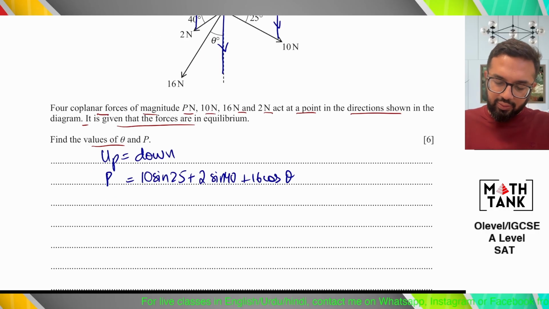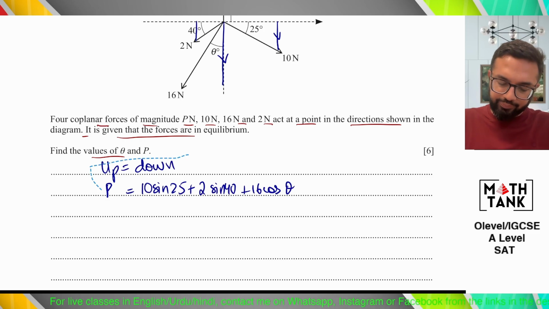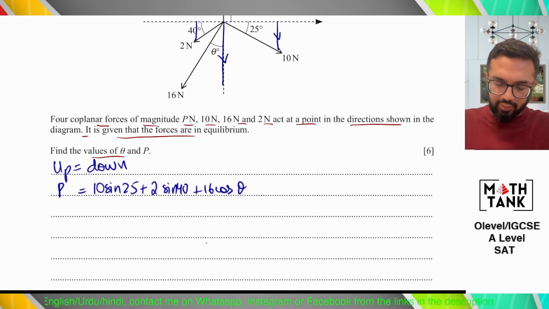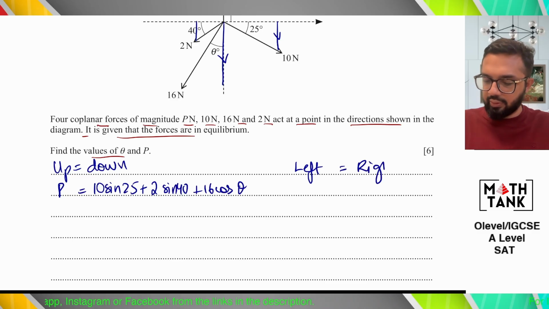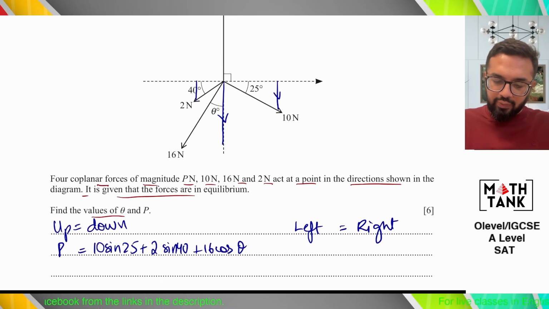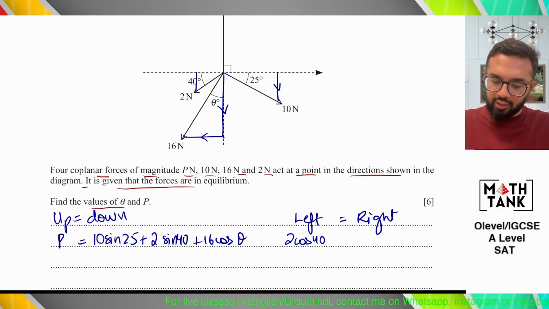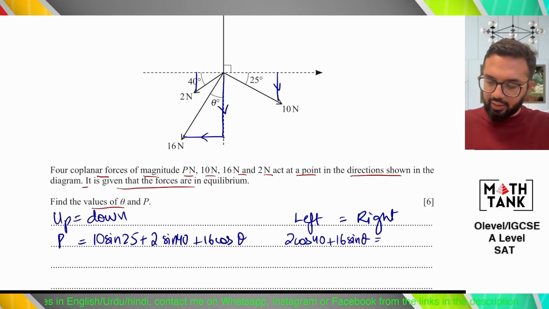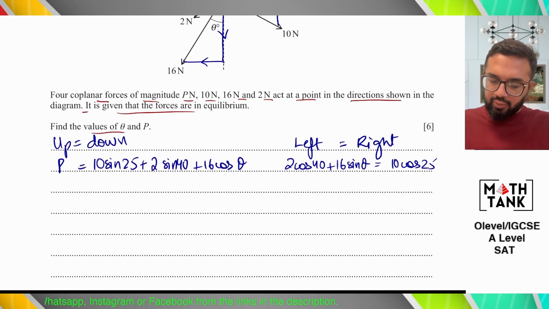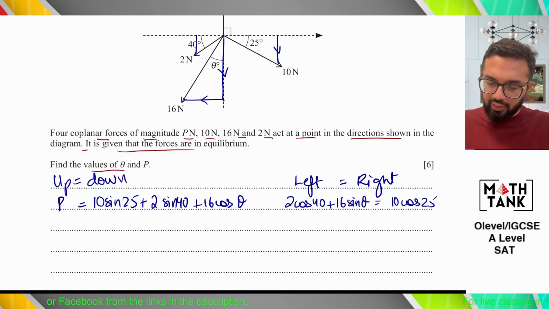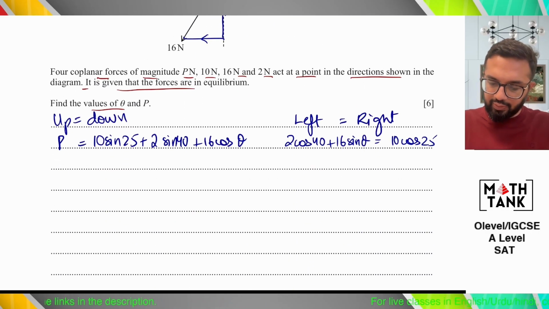Okay, that's up equals down, and then I have left equals right. On the left I have 2 cos 40 and then 16 sine theta, and on the right I have 10 cos 20. I think this one is convenient in terms of finding theta, so I'm going to find theta from here.